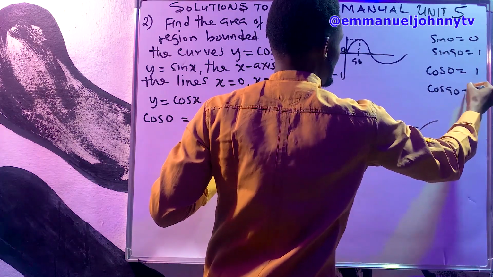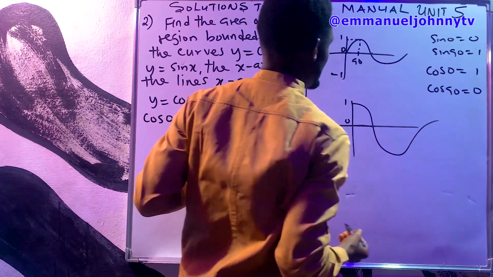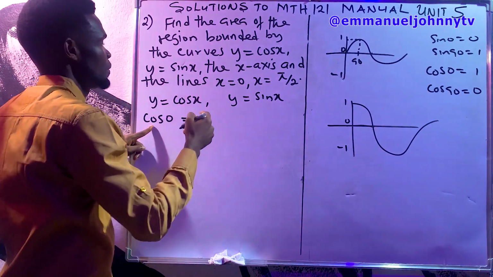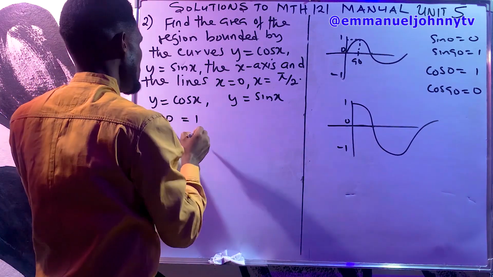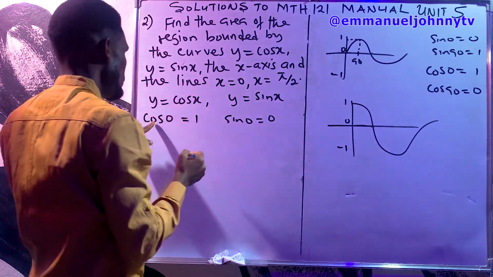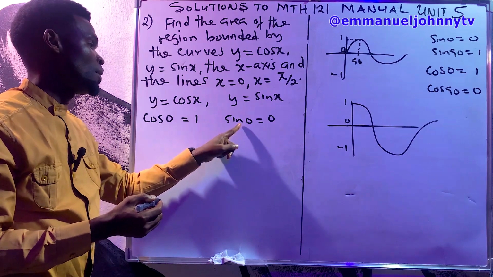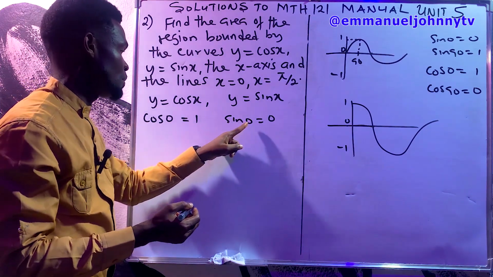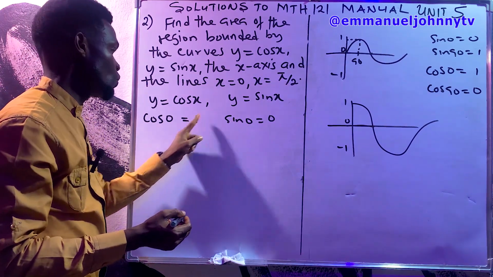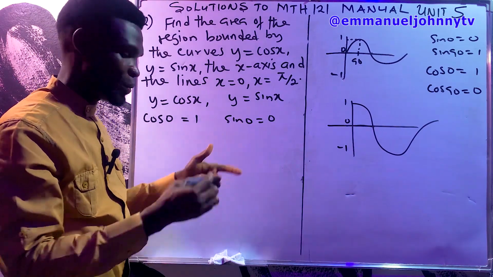And cos 90 bounces to 0. So you see that cos 0 is 1 and sine 0 is 0. So cos 0 is bigger. This one is 1, this one is 0. So that means our cos will come first and sine will come second.